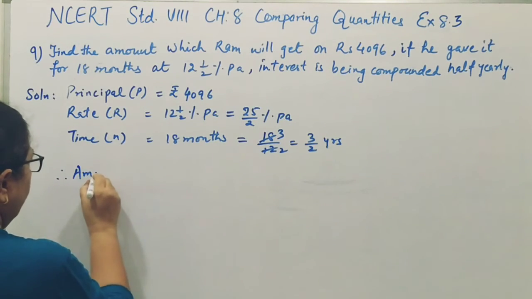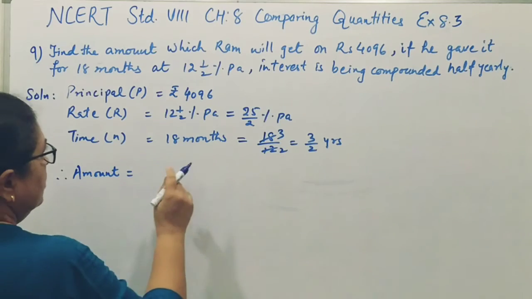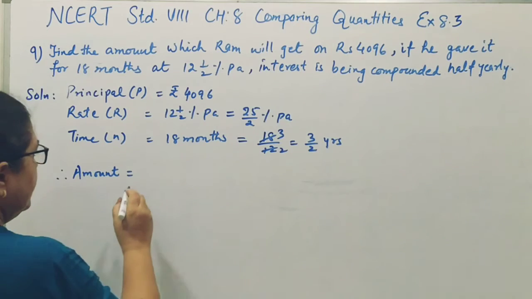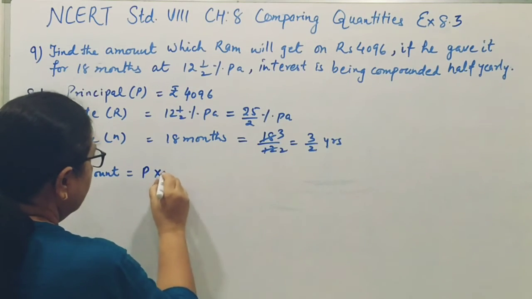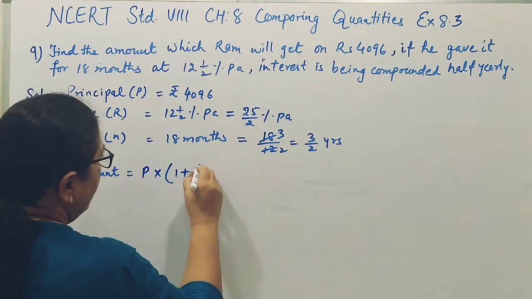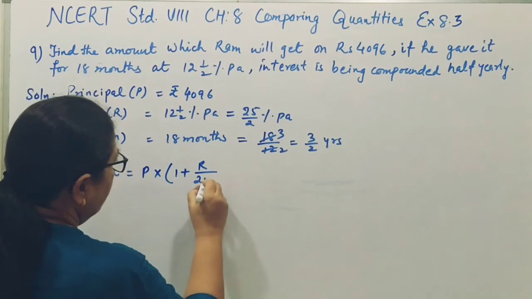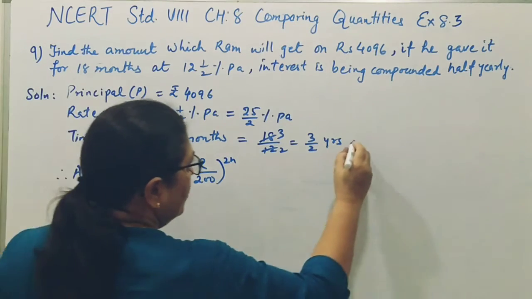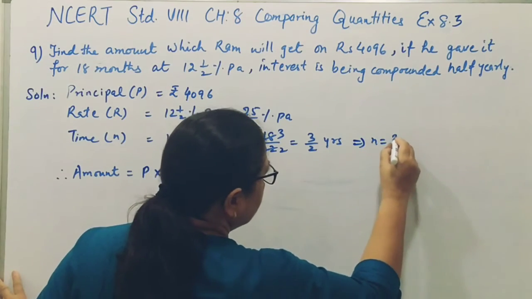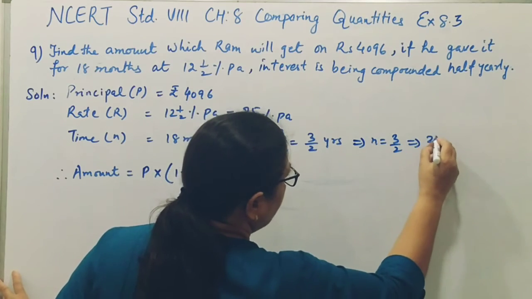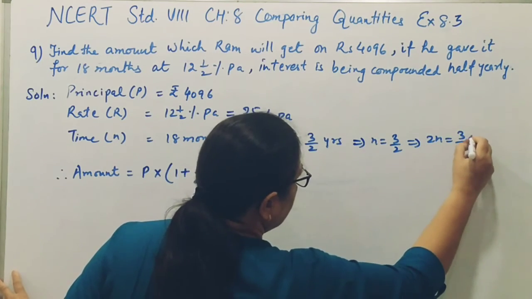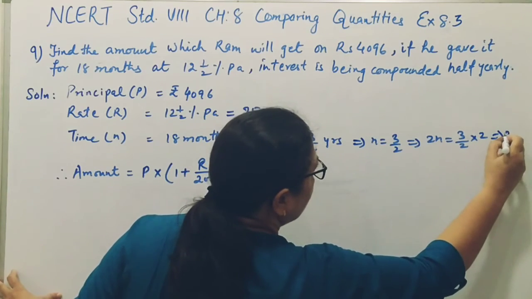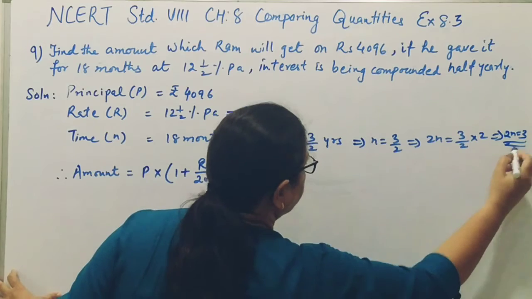Therefore, amount, since interest is being compounded half yearly, so amount is given by P into 1 plus R upon 200 raised to power 2n. Here n is equal to 3/2, which implies 2n is equal to 3/2 into 2, that is 2n is equal to 3.